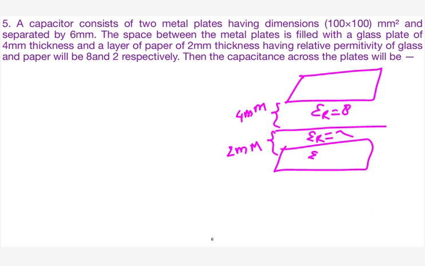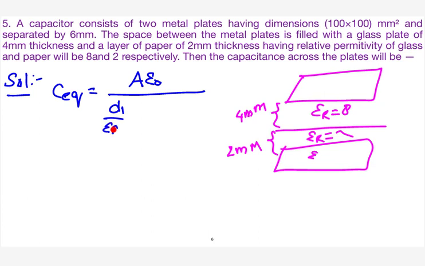So straight away I can apply the formula here. If you want to go with the conventional method you can, or I can apply the formula directly. If area is constant, I have already given the formula for the equivalent capacitance: A epsilon naught divided by D1 by epsilon R1 plus D2 by epsilon R2.